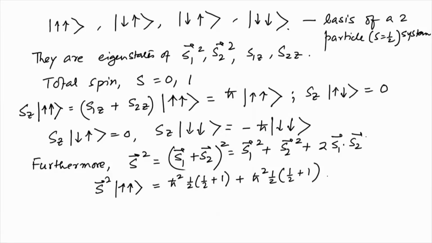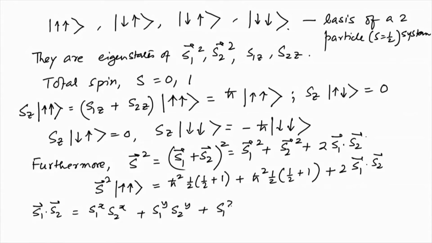Now, we of course do not know what is 2 S1 dot S2. So, we will leave it for the moment and let us see what we can do for S1 dot S2. If you see, it is equal to S1x S2x plus S1y S2y plus S1z S2z.